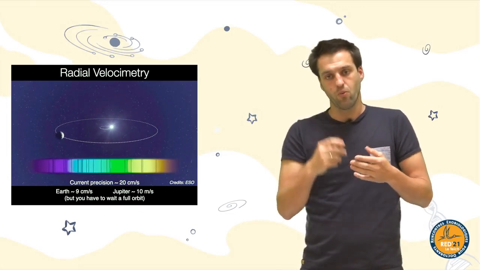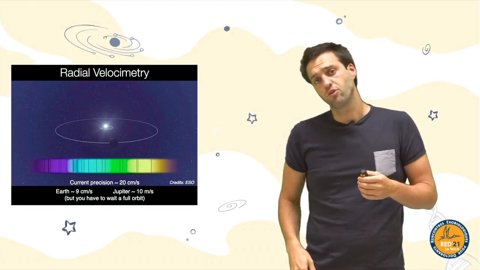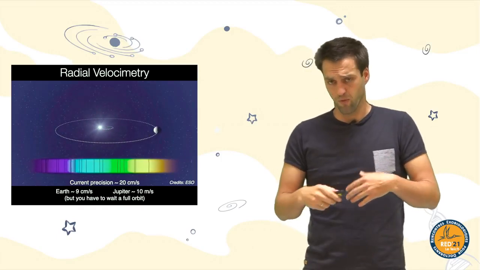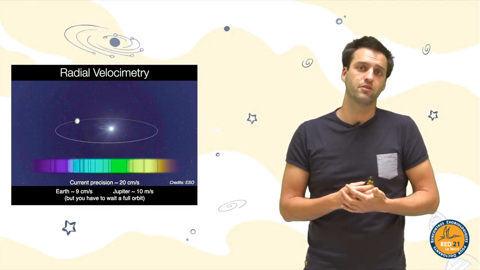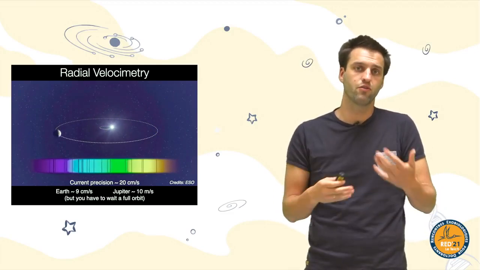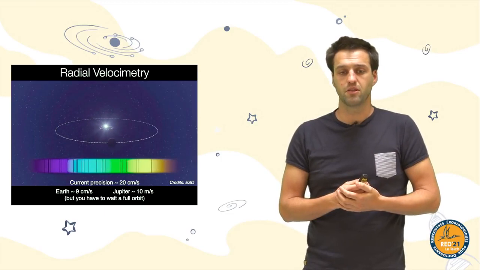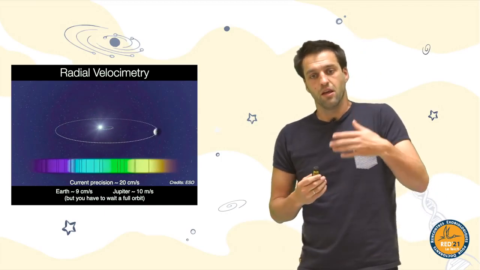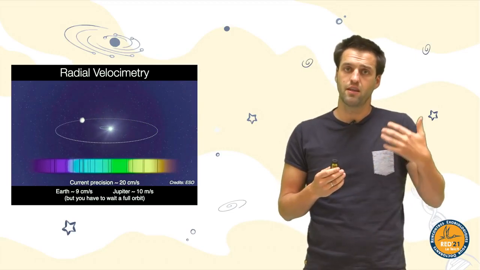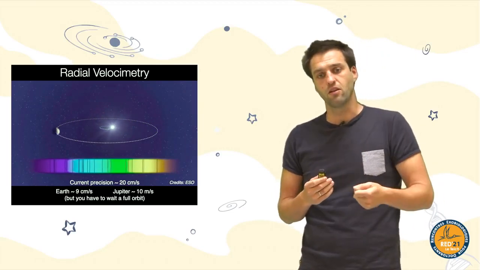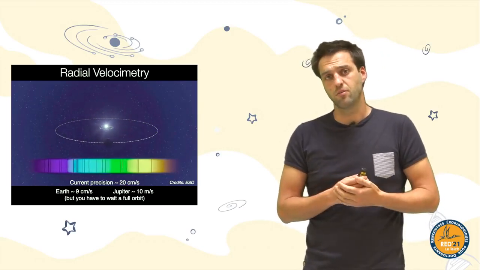And then, the current precision that we have with this method, with the current spectrographs, is about 20 centimeters per second. So we can measure the motion of a star of about 20 centimeters per second. Now, if we try to compute the motion that the Earth imprints on the Sun, we see that it's only 9 centimeters per second.